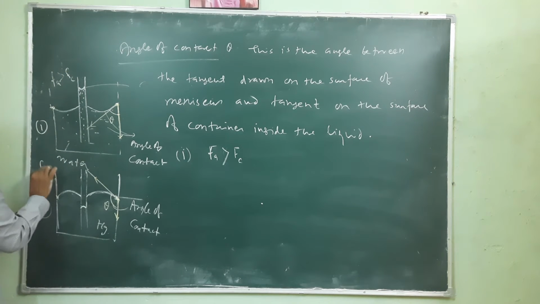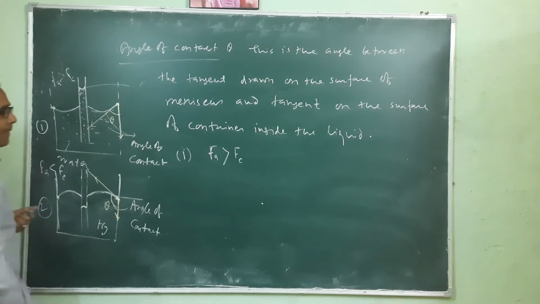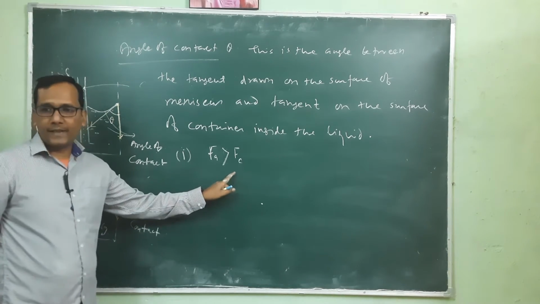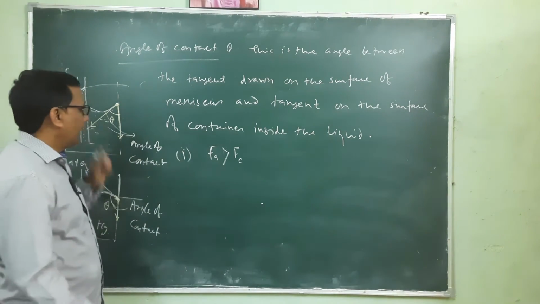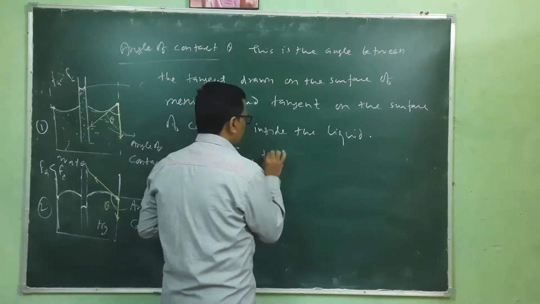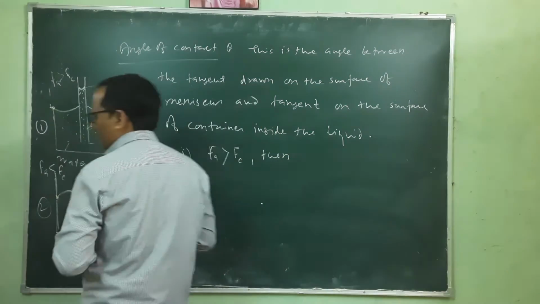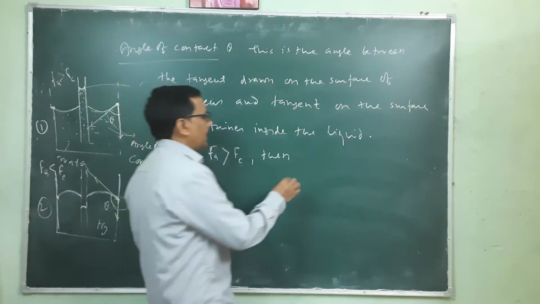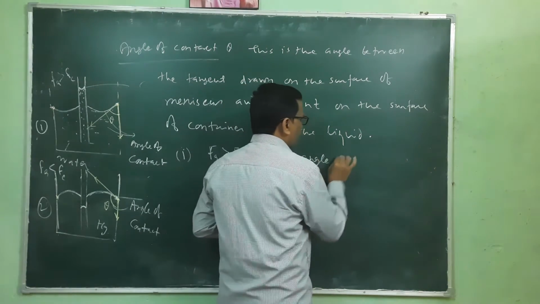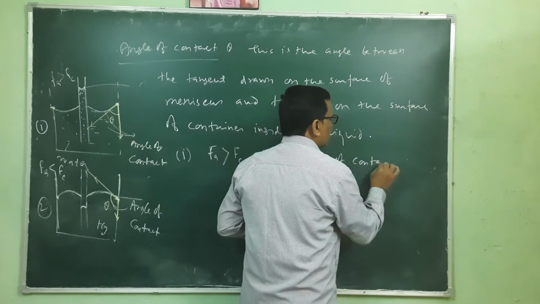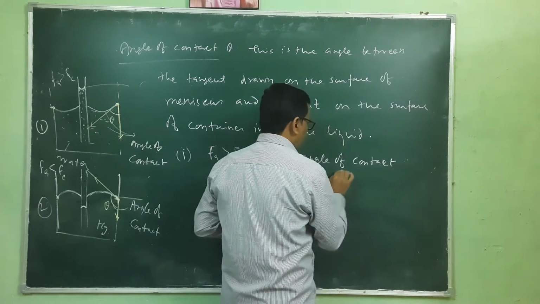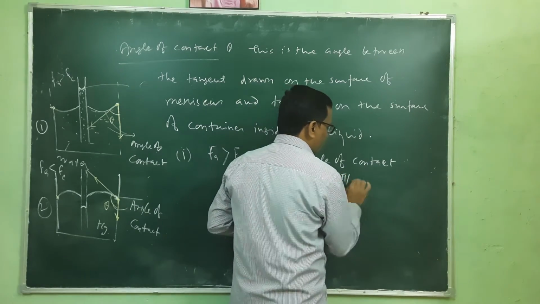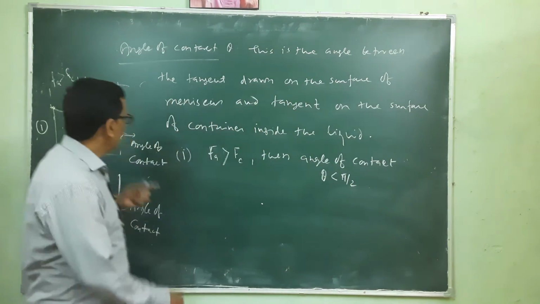In the second case, FA is less than FC. So when FA is greater than FC, the angle of contact theta will be less than pi by 2; this is an acute angle.